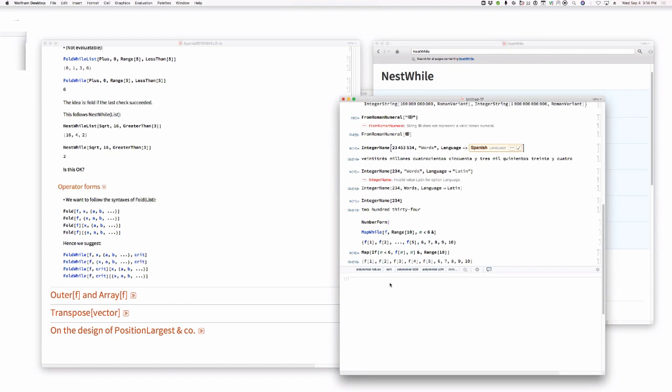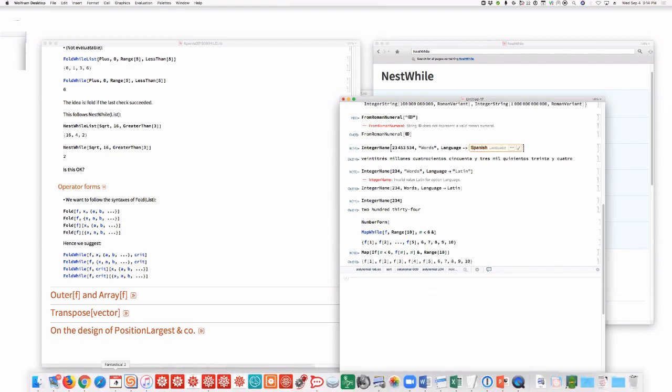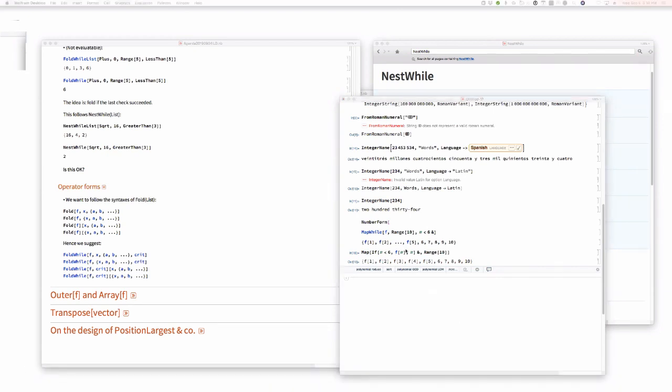MapWhile in this formulation is being applied to the input, not to the result. Making sense? Yes, but in that sense, it's like TakeWhile. But TakeWhile has no result other than the actual elements themselves. Yes.